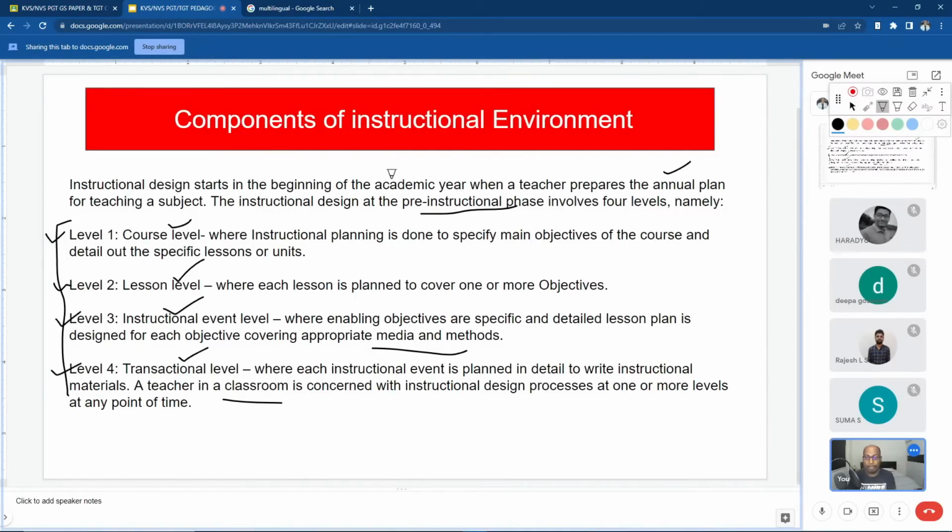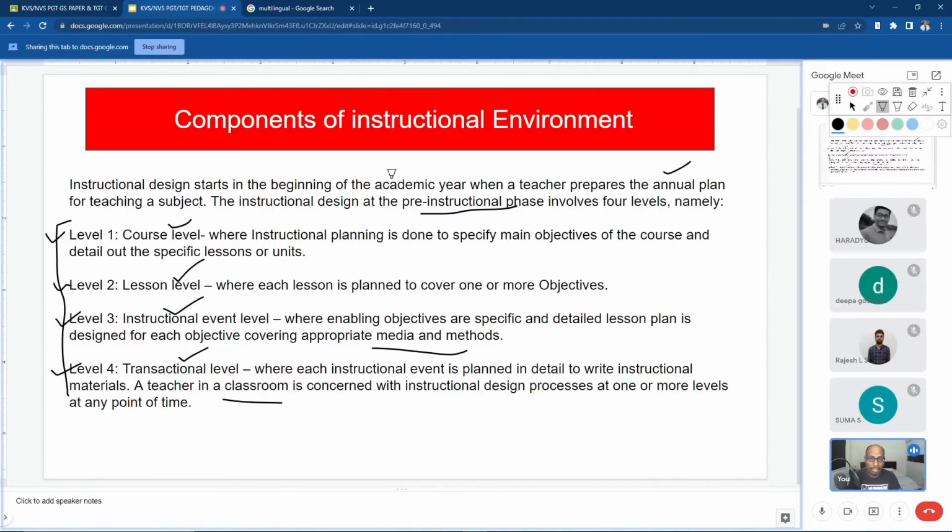When you don't prepare the annual plan, the unit plan, and the lesson plan, what happens? The learning outcomes will not come according to your view, because there will be no proper instruction throughout the year. So any teacher can come and teach any topic at any time with any method. That is the reason why we need to understand that designing classroom instructions involves the annual plan, unit plan, lesson plan, and this instruction design at a pre-instructional phase.